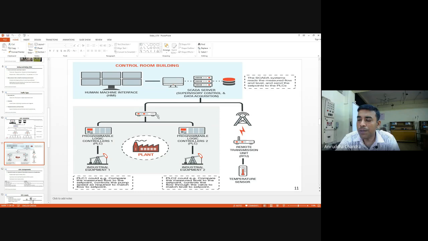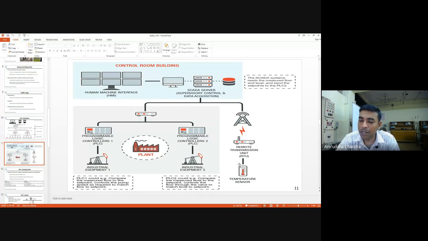So this is a switch, and this switch goes to the SCADA server, which is a supervisory control and data acquisition kind of system. And this SCADA system is connected to some human machine interface where there are some screens where probably you can see the output of these devices which are used to control. And then there can be some heterogeneous network as well. This switch is controlling the PLCs because these oil rigs are at a fixed position.